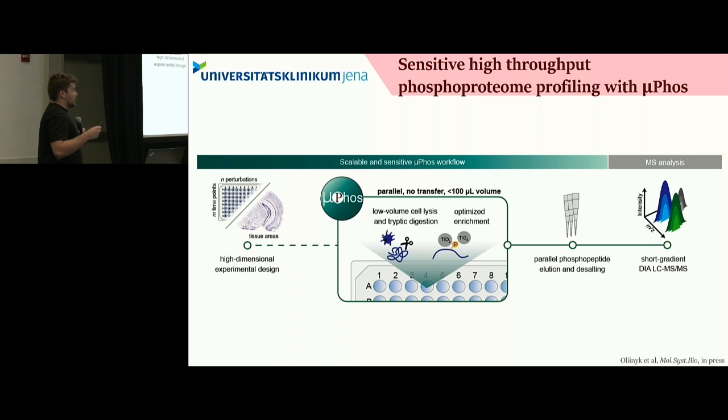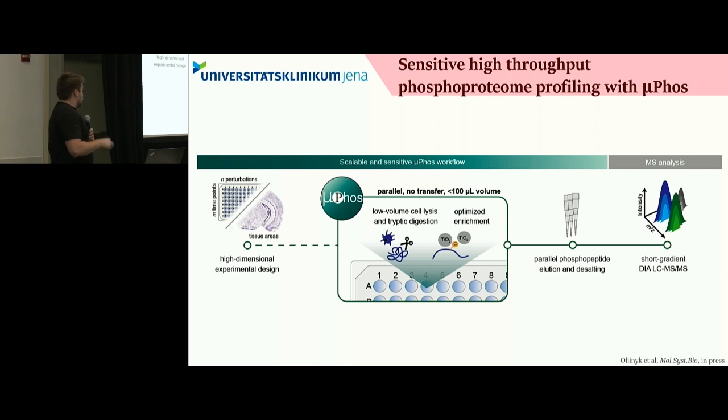As an added bonus, by decreasing all operational volumes to support high throughput 96-well plate format processing, we are increasing the sensitivity of the enrichment quite significantly, as I will show a bit later.